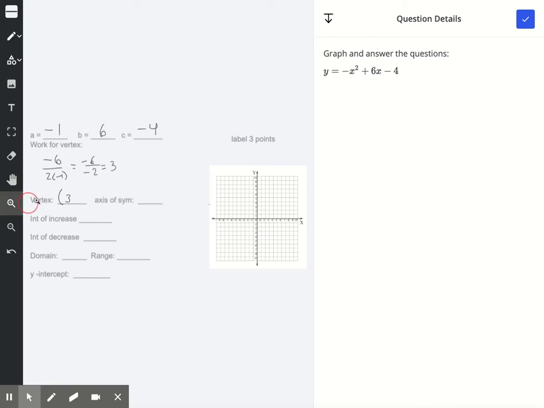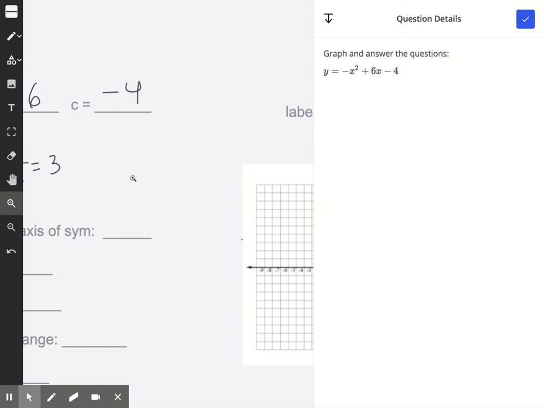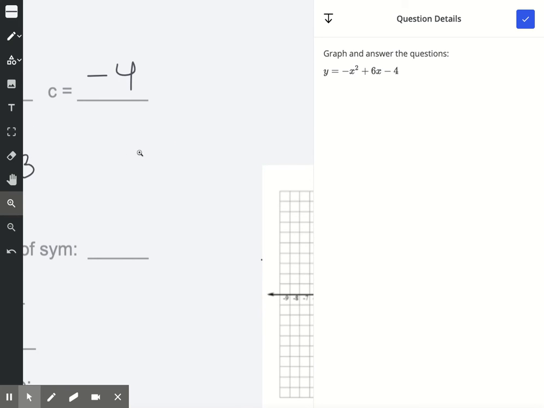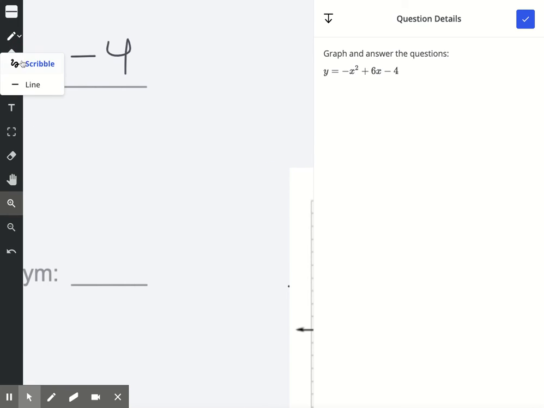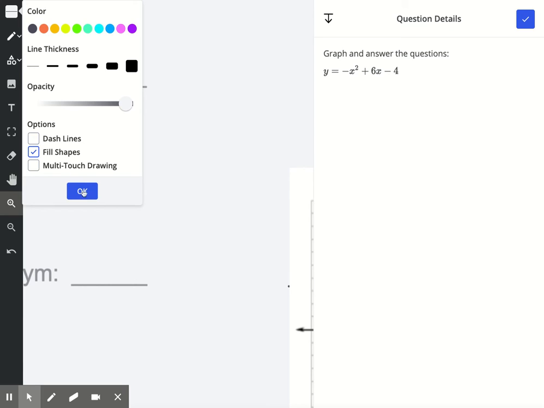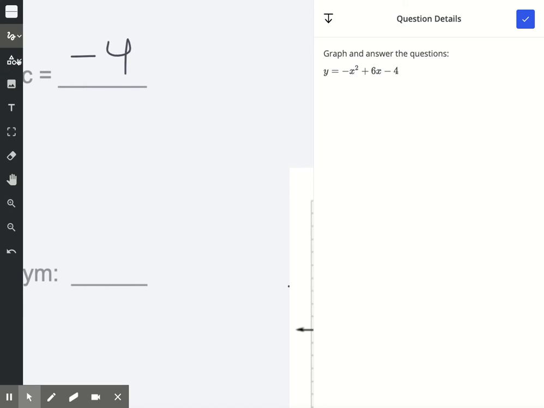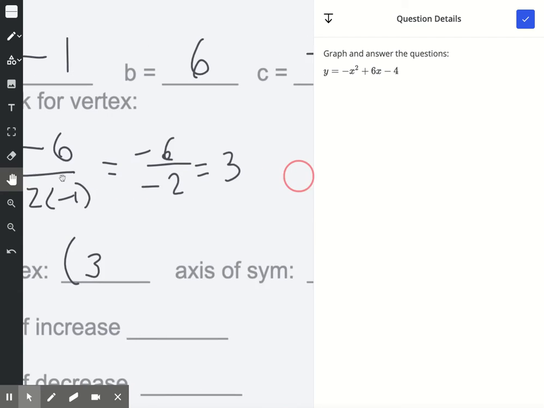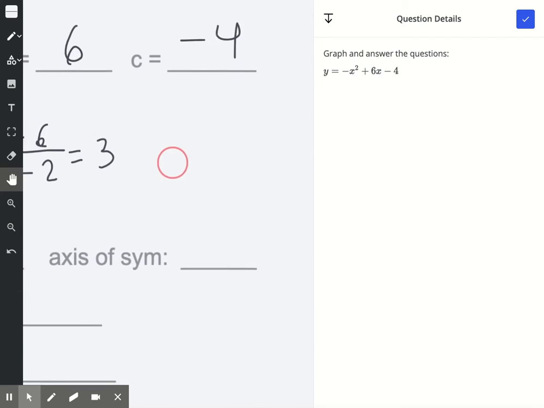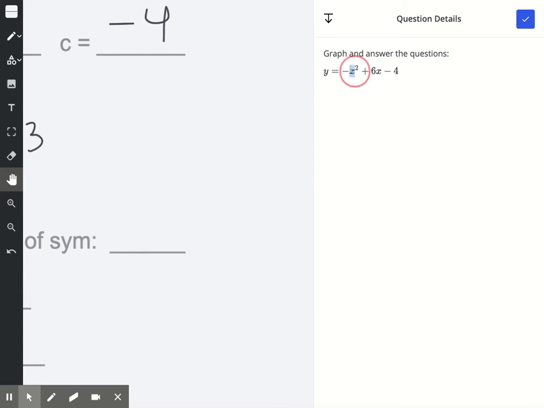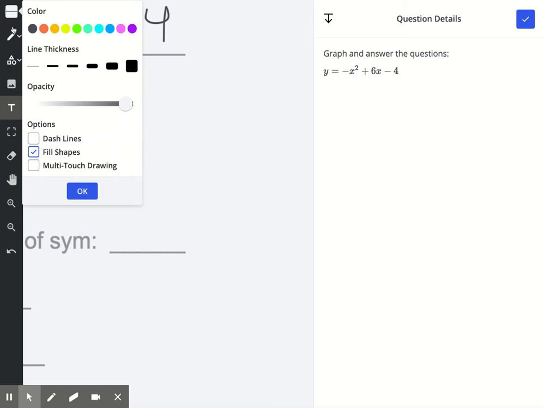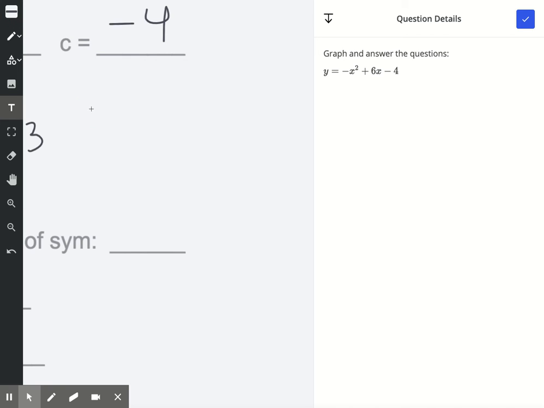Now notice I'm running out of space, so I'm actually going to zoom in over here. And I know sometimes you use your own paper, which is totally fine. I just need to zoom and use a smaller cursor. Okay. So then I'm going to take, let me remind myself, I got a +3. So I'm going to take my 3 and plug it in for my 2 x values. So I'm going to get y equals negative.